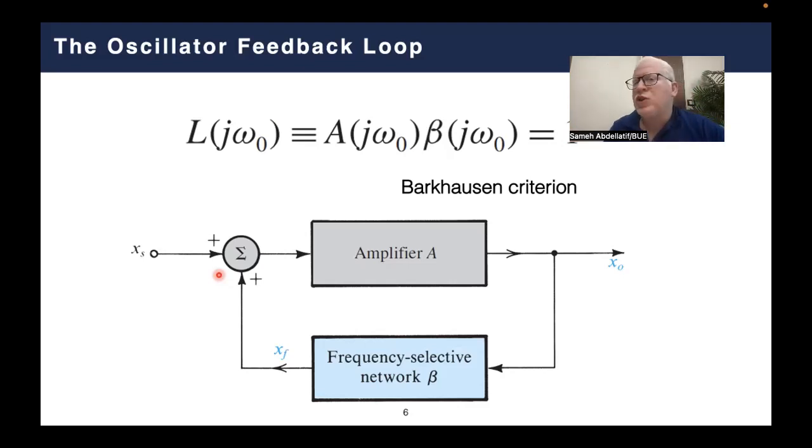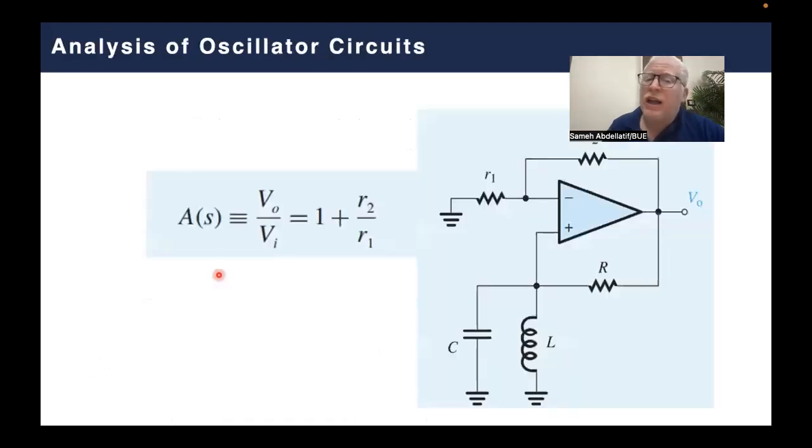So we are searching for this omega node at which we can reach the condition of A beta equals 1. So we demonstrated a lot of circuits.